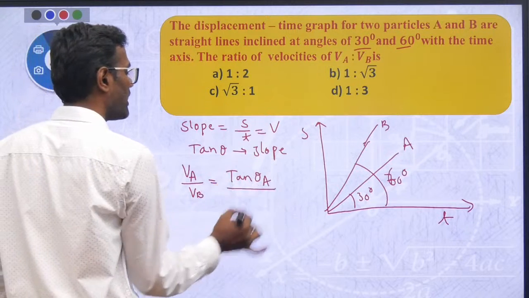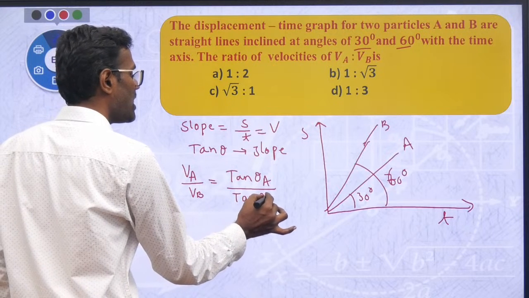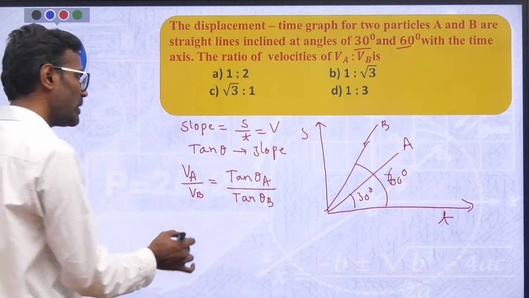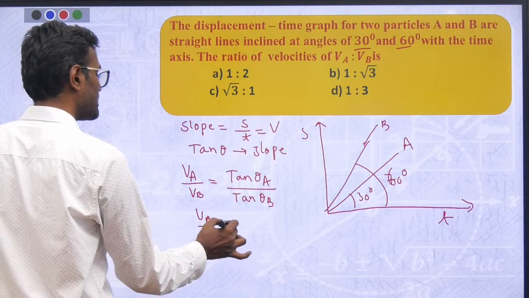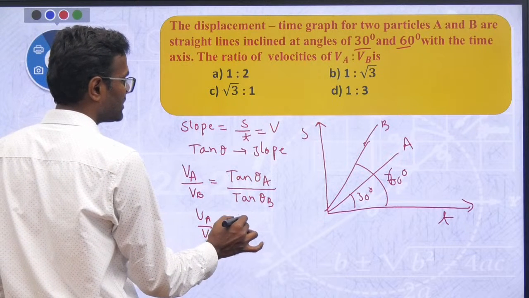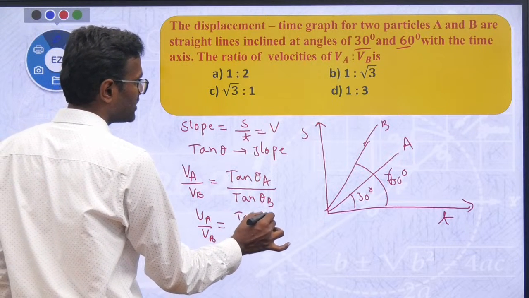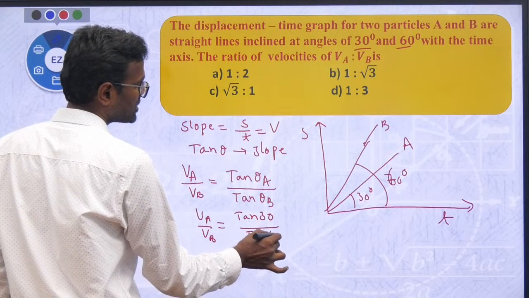So tan theta A by tan theta B. Substituting the values, VA by VB is equal to tan 30 degrees by tan 60 degrees.